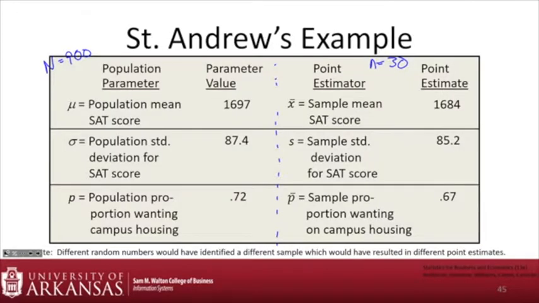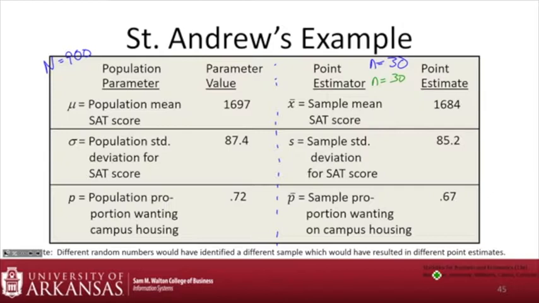is what happens if I take a different sample of 30. I had 2 GAs working for me. I said, hey, can you do this task? One group randomly selected 30, and another one randomly selected 30.